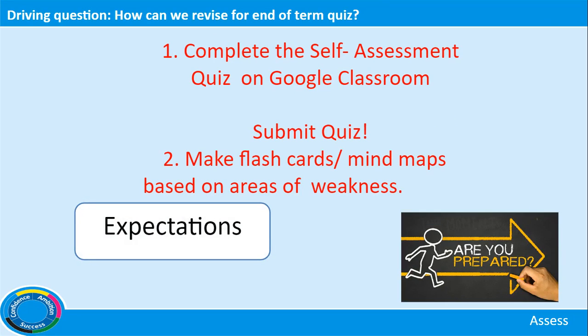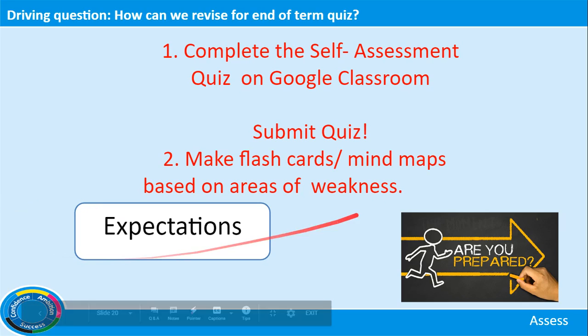Lastly, you're going to complete the self-assessment quiz on Google Classroom. This self-assessment quiz is basically a yes or no answer. If you answer no, this means that you will have to now make flashcards or a mind map based on the area of weakness.